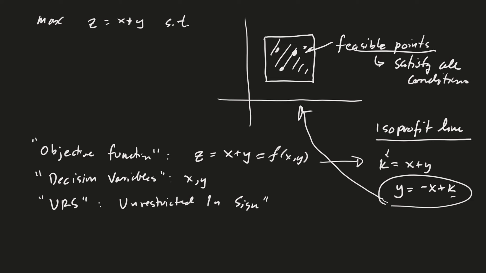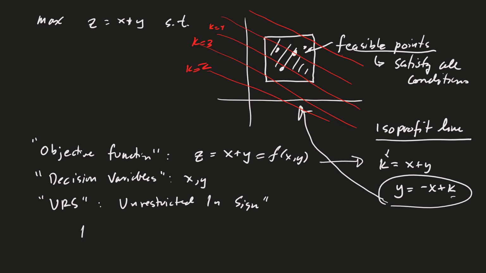So you can see that for different values of k, like this might be k equals 2, k equals 3, k equals 4, and so on. You can see that any point along this line would have the same profit. And so an isoprofit line is a line for which every point has the same given profit.